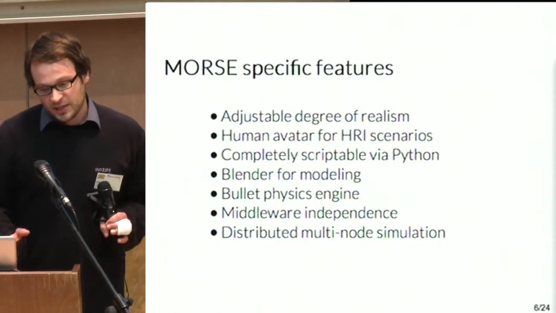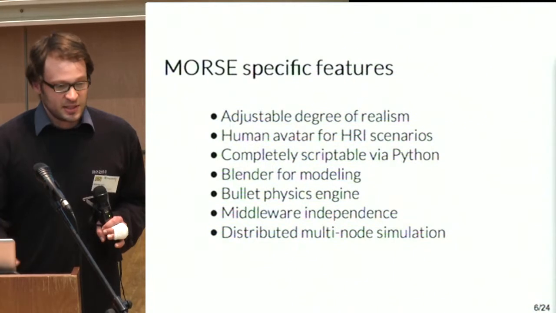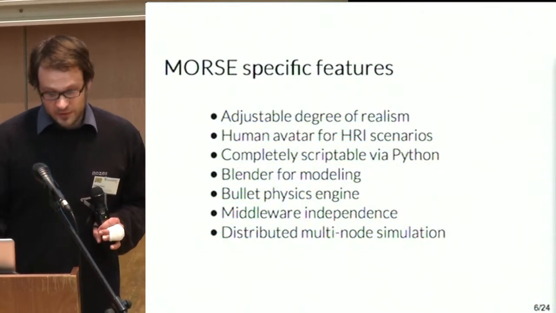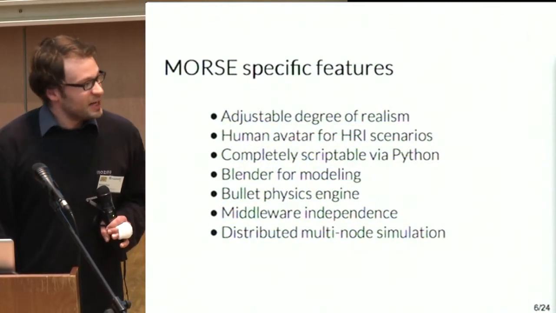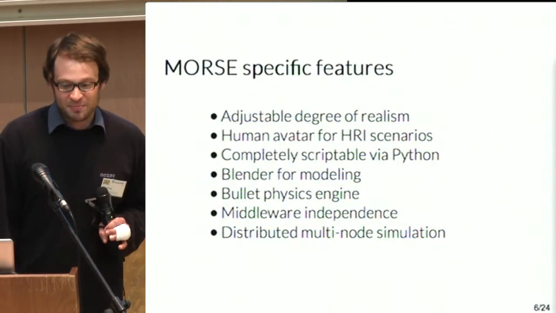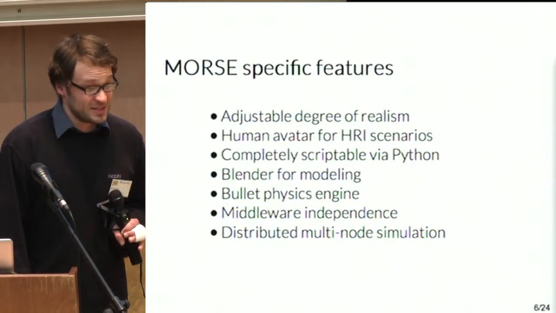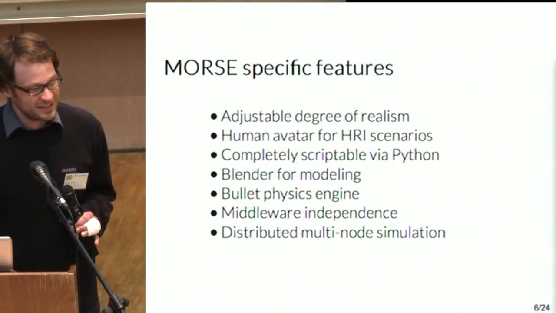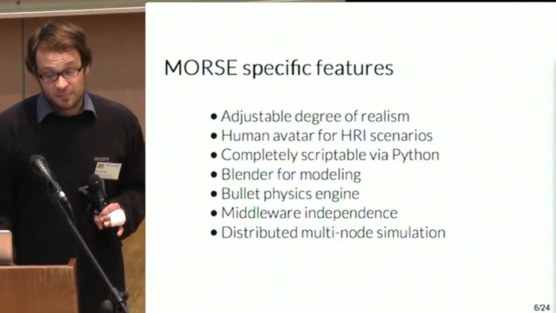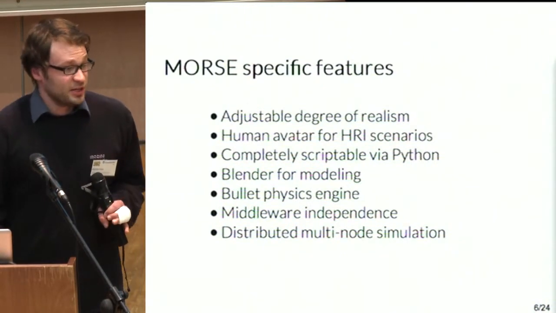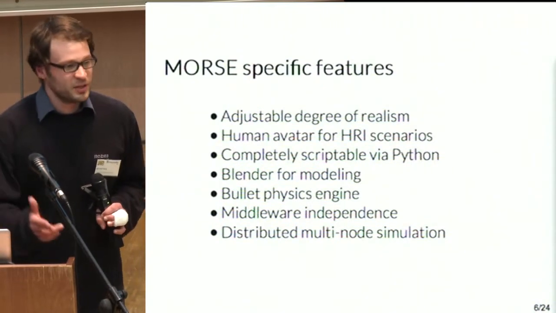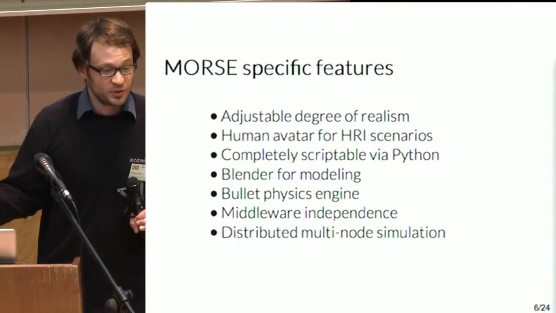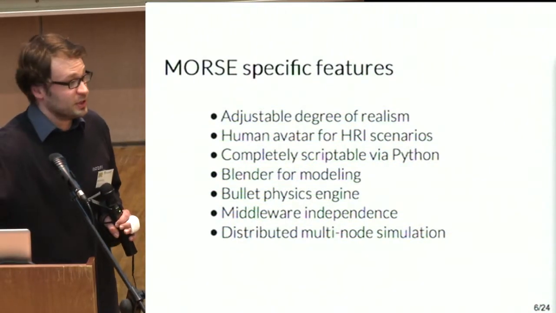Also, Blender for modeling is a plus, especially since in the last year Blender really evolved. And Bullet physics, I'll count that as a plus too. I know there are always some arguments between Bullet and ODE, but I'll leave this topic for now. MORSE also is middleware independent, so you can control different robots using different middlewares on different computers, since it supports multi-node simulation.